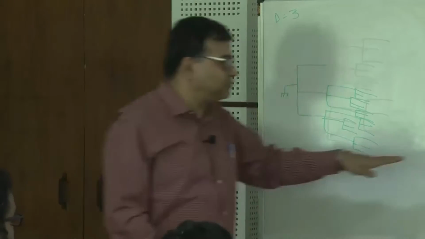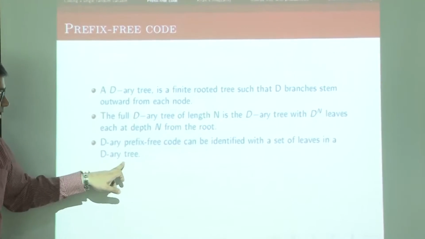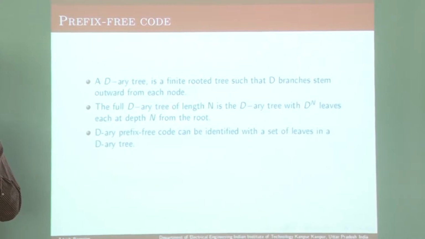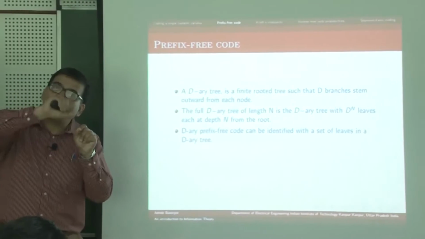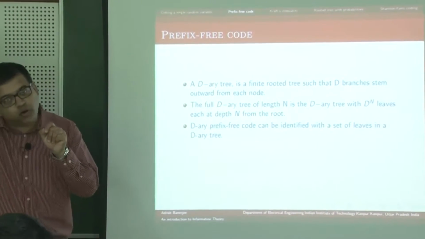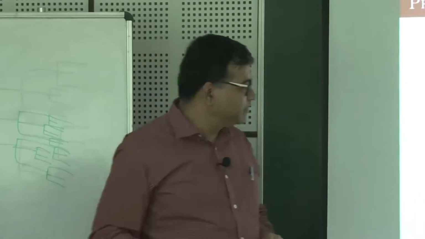That is why I said a D-ary prefix-free code can be identified by a set of leaves in a D-ary tree: from the root to the leaf there is a unique path, and since no code word is part of any other code word, no other code word will appear in that path.